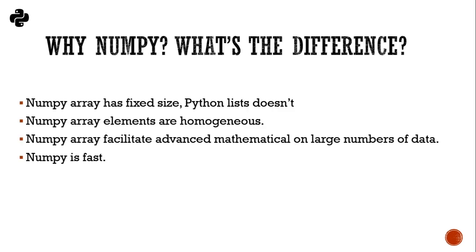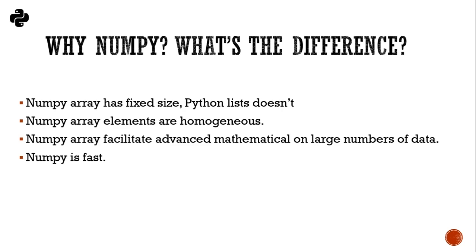So why Numpy, and what's the difference? Numpy has a fixed size, in comparison to Python lists that don't have it. Lists are not fixed; they can be grown or shrunk as per need, so their length can be decreased or increased throughout the program.